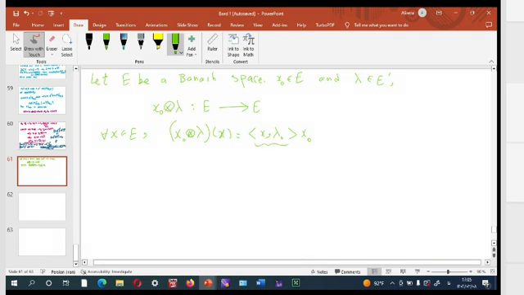This is a scalar number. Okay, so this is an element of E.